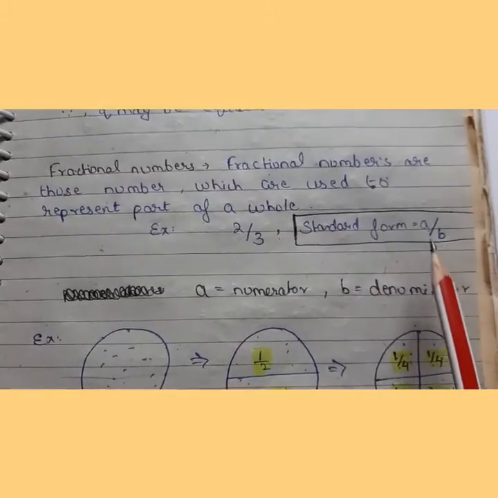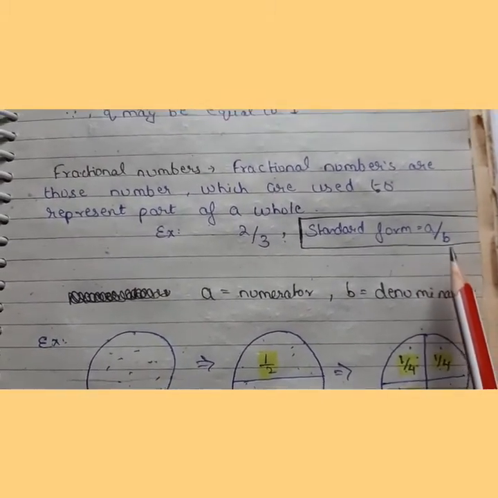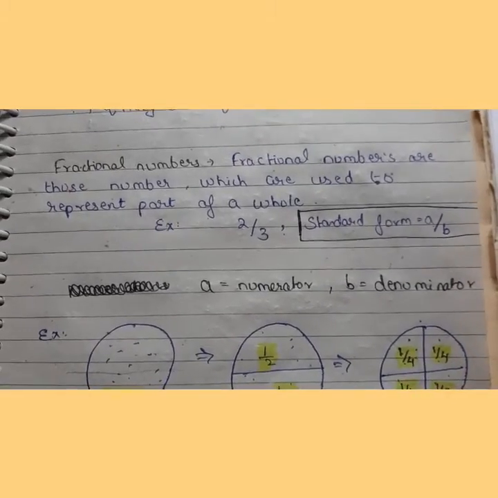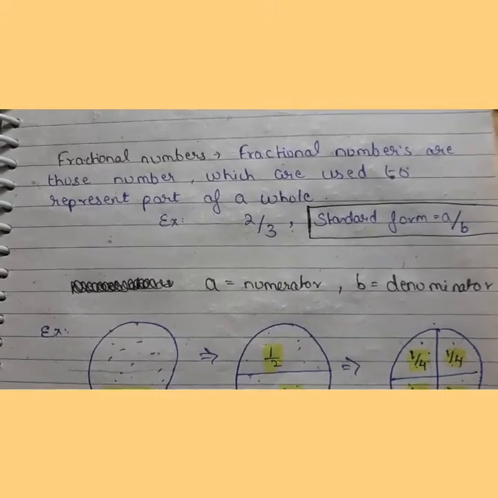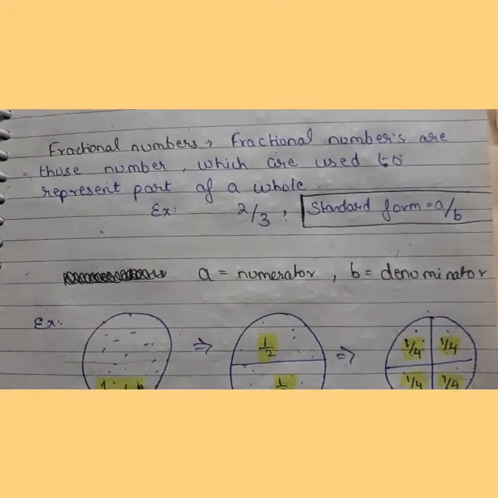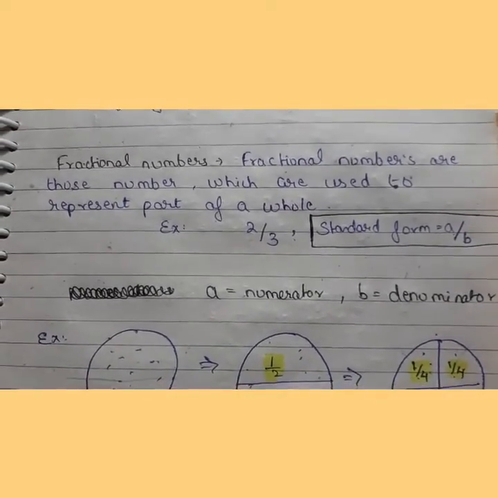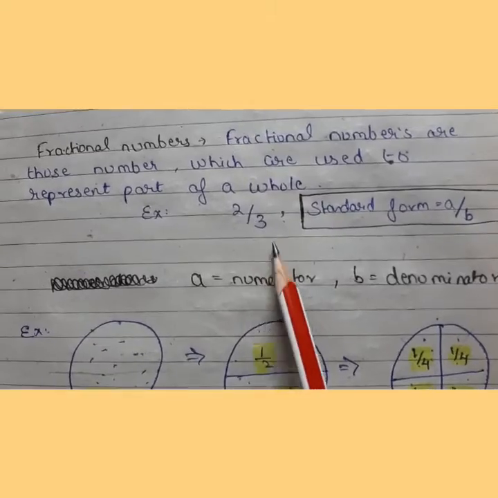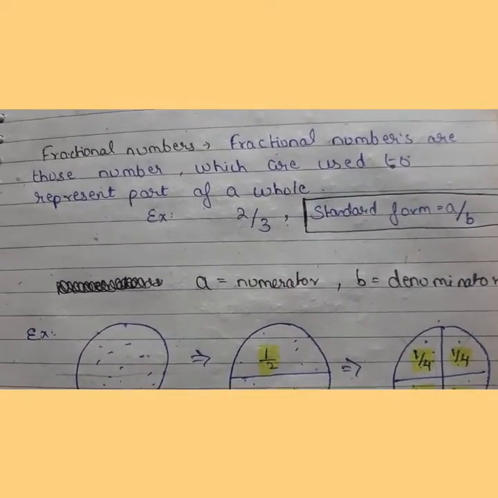It is also written in the form of numerator upon denominator. We can say standard form A upon B, where A represents the numerator and B represents the denominator. Now, we must have often heard fractional numbers such as 3 by 4, 2 by 4, 8 by 4, etc. What does it basically mean? In a fractional number written as numerator upon denominator, the numerator and denominator have a very significant value.